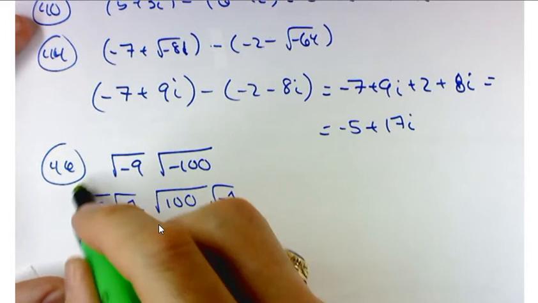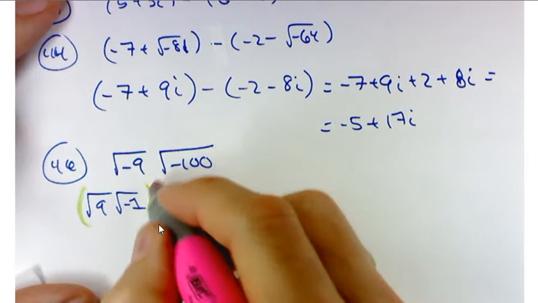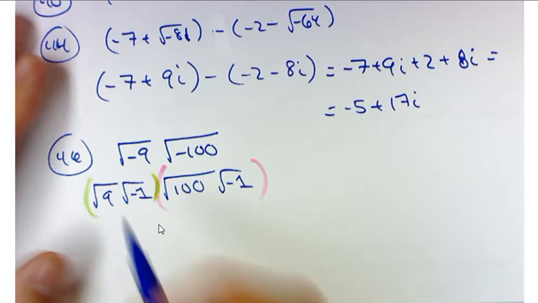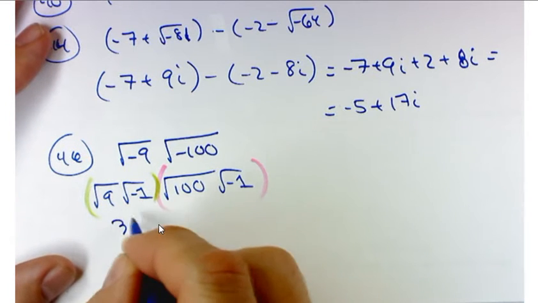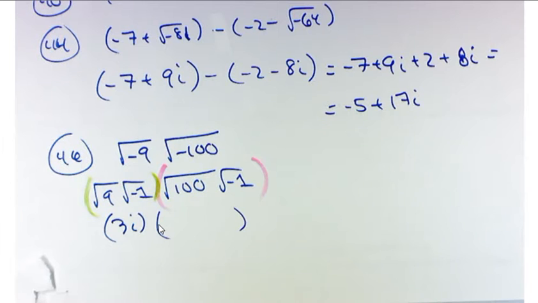But I'm thinking it's not a bad idea to take a little extra time with these and simplify them. So, Mitchell, what would the first one simplify as? Good, 3i. And someone for the second one, Lisa? 10i.